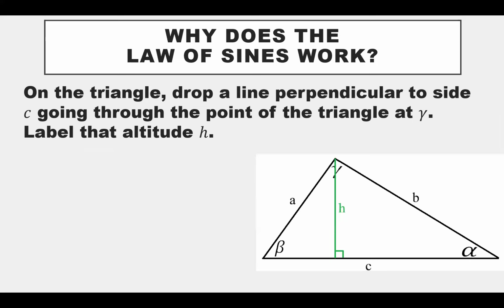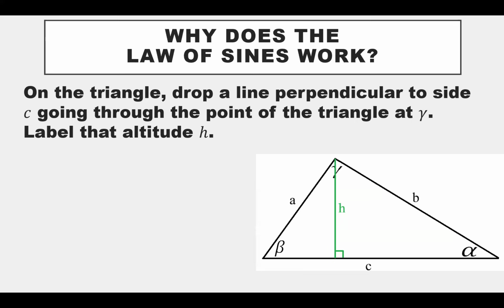So why does the law of sines work? To show you why, we're going to take that triangle and drop a line segment on it. It's going to be perpendicular to side C, and it's going to go through the point at angle gamma.